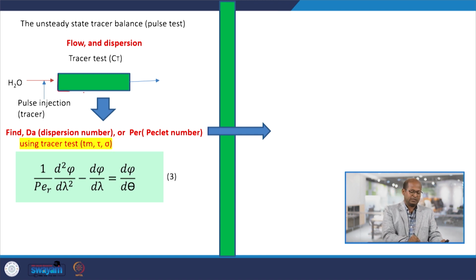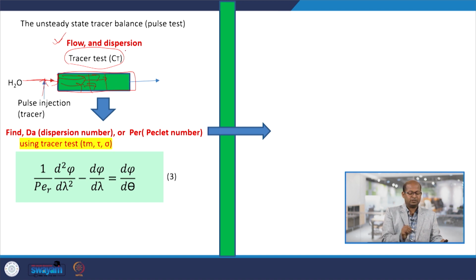Let us say this is the reactor. Whenever any fluid is entering the reactor, and we inject a tracer, a pulse injection of the tracer, that is the pulse concentration or tracer test, there will be normal flow along this direction of the tracer molecules, and with that, dispersion or diffusion would be there.